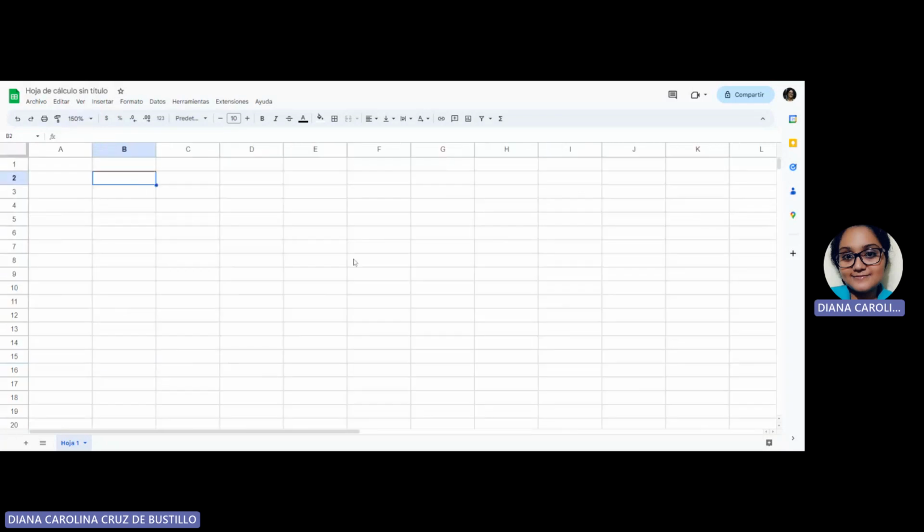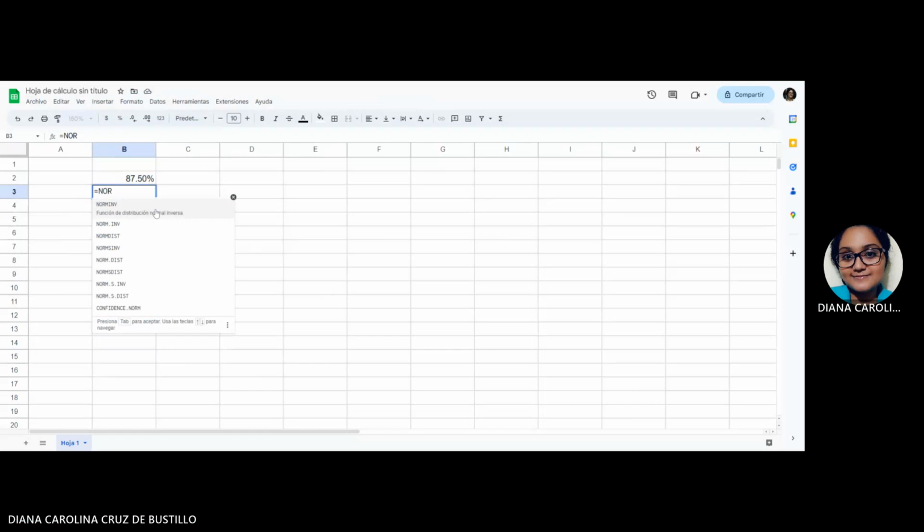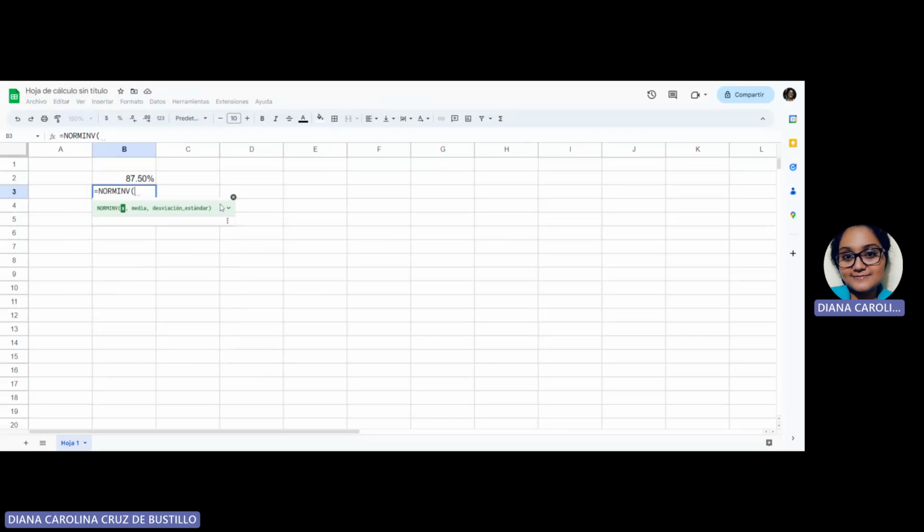You can do it also using a probability table, but this is easier. So you know that you need to have a service level of 87.5%, which is what you calculated at the beginning. So what you are going to do is use the formula normal inverse, which is this one. And you need to know the probability, which in this case is 0.875, right?